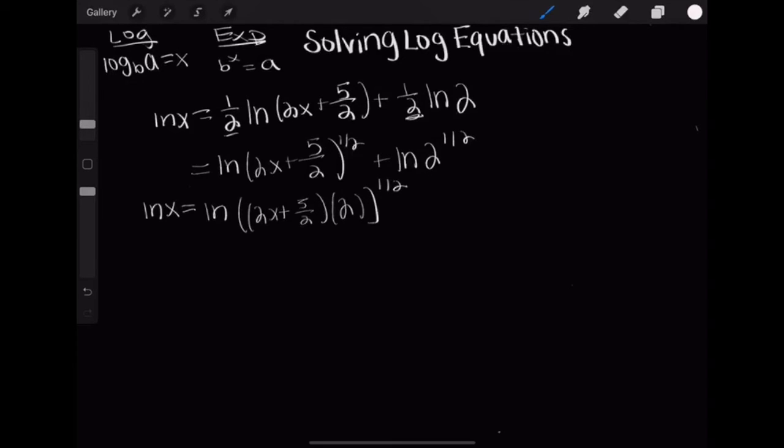So now we have this new rewritten equation, and now I'm going to multiply all this together, and I'm going to rewrite this as a square root, because if you set something to the 1/2 power, it's the same thing as square rooting it. So this is what that will look like.